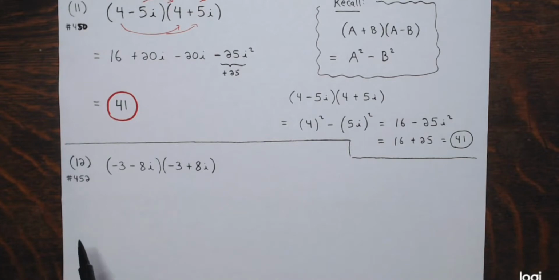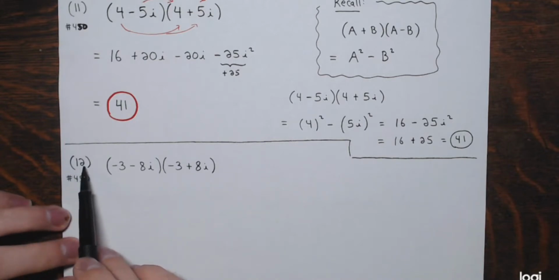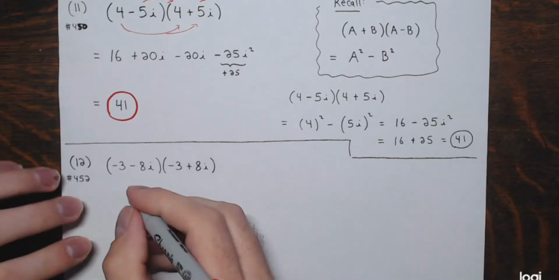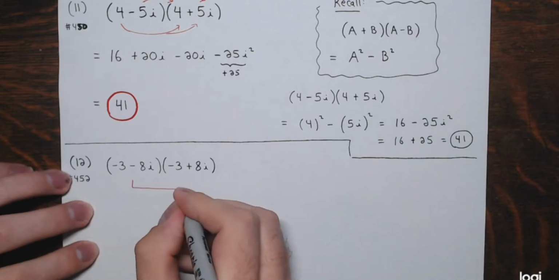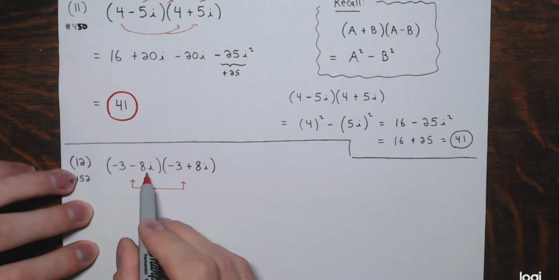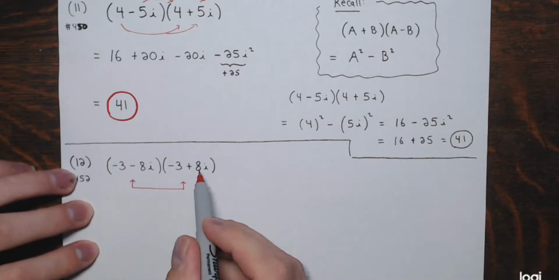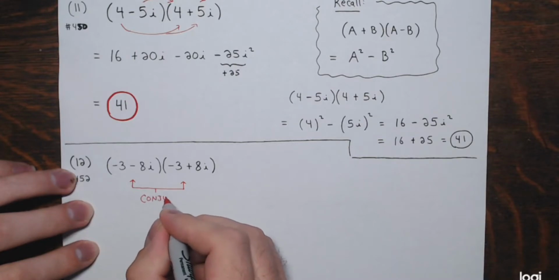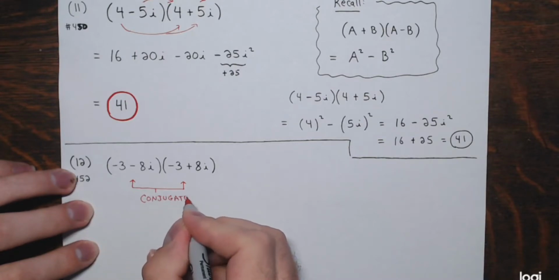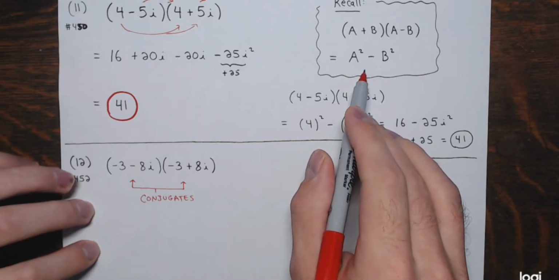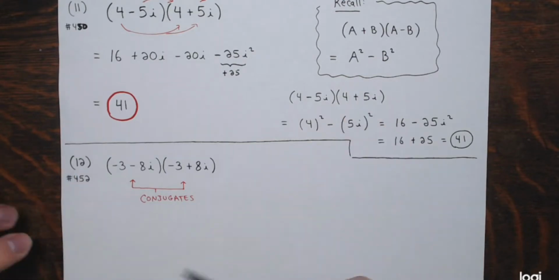Right. Next question. Number 12, exercise 452. So once again, I notice that these two expressions here, negative 3 minus 8i and negative 3 plus 8i, are conjugates. And if you recognize that, you can jump straight to here. That the final product will be a difference of squares.